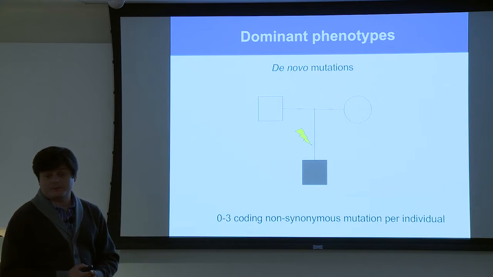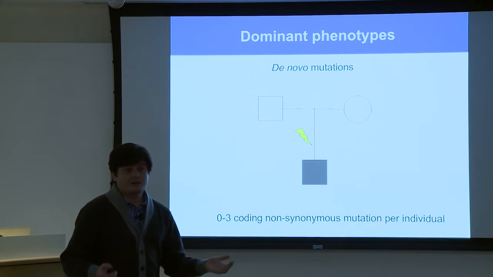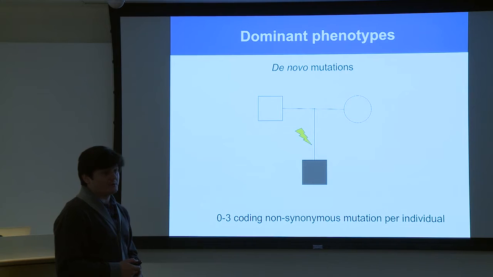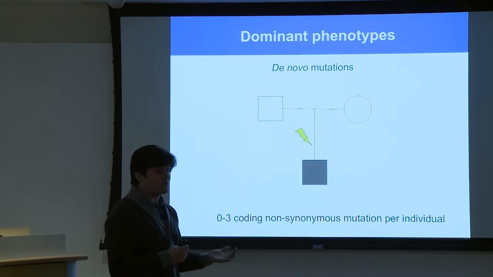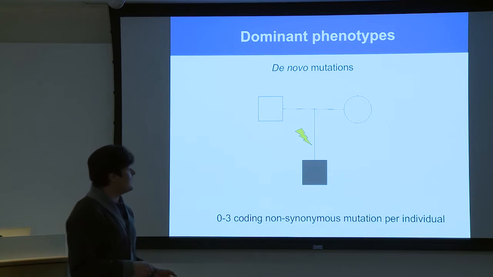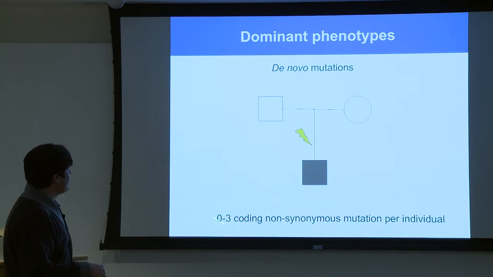What we know from population genetics is that the number of coding de novo mutations per generation in humans is limited. It's on average about 1, and it's a textbook Poisson distribution, so you can get 0, you can get 1, maybe 2, maybe 3, very rarely more than that. So you end up with a small number of variants, and you believe these variants have very large effect.